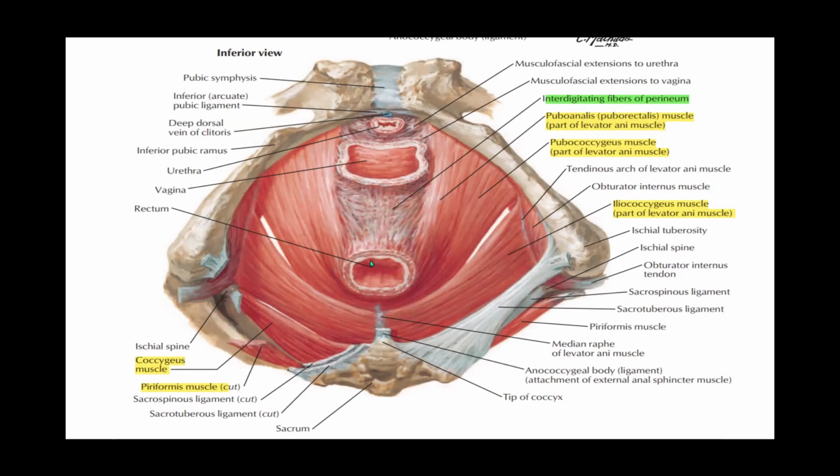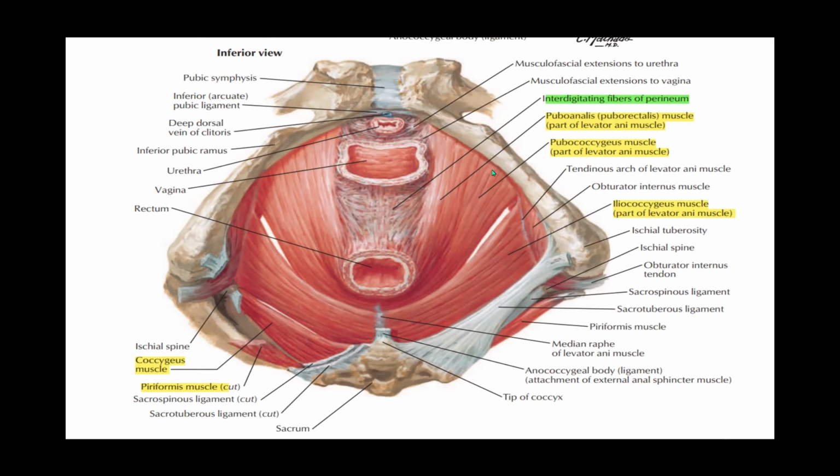Still looking at the pelvic floor from the inferior view, we can see the same thing. We can see the puborectalis from the pubis spanning all around the rectum and interdigitating with the external longitudinal muscle of the rectum.